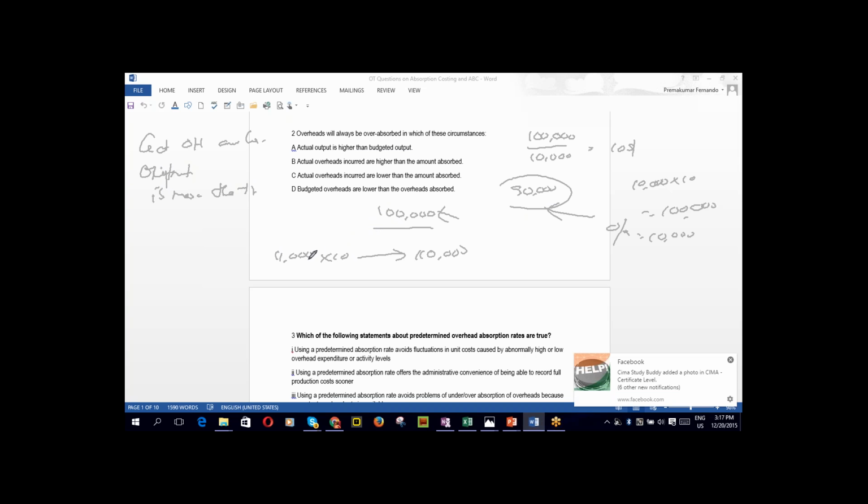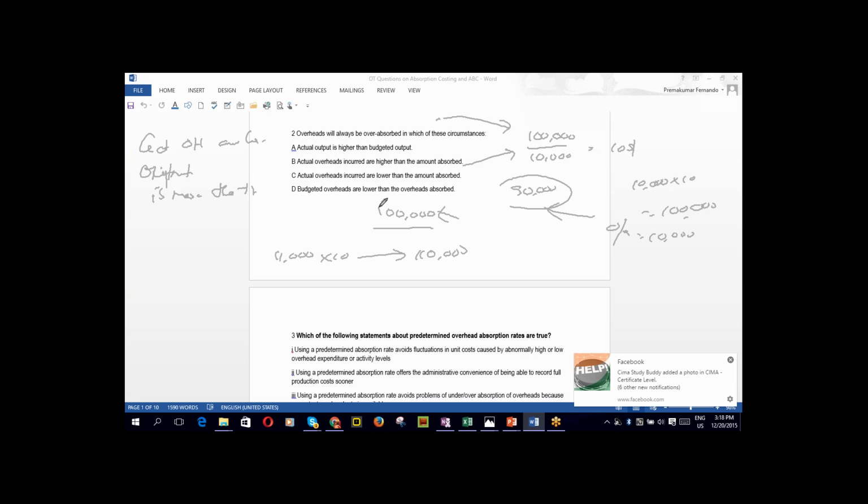Yeah, okay. The overhead absorption rate is because we decided the budget is 100 and we decided the output is 10, predetermined. So we are going to absorb at the rate of 10. But our actual output is 11,000. So in that case, we are going to absorb 110,000 into the product, right? 11,000 into 10.